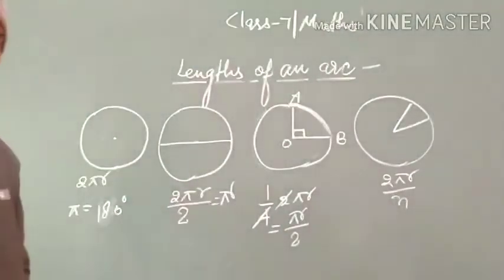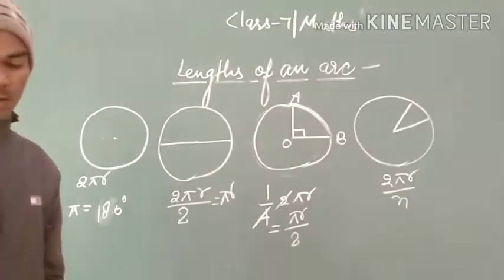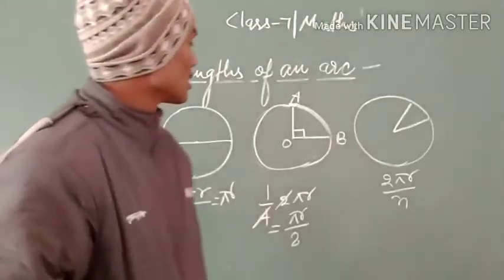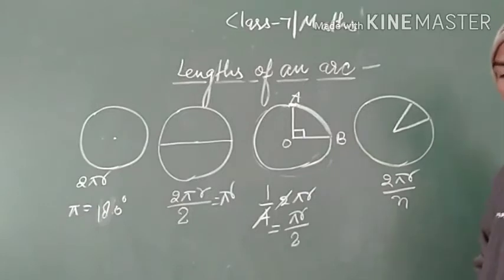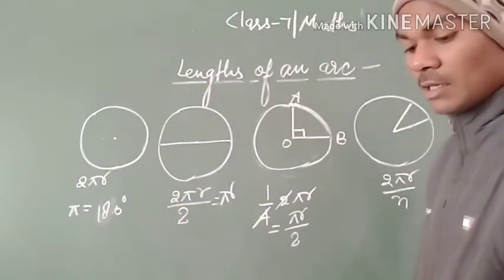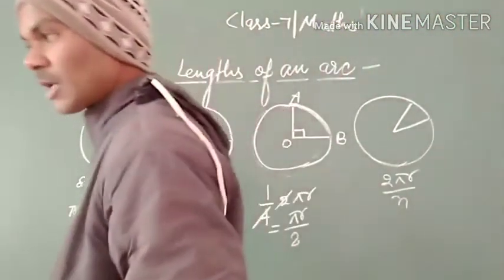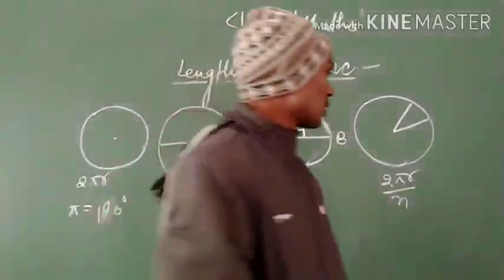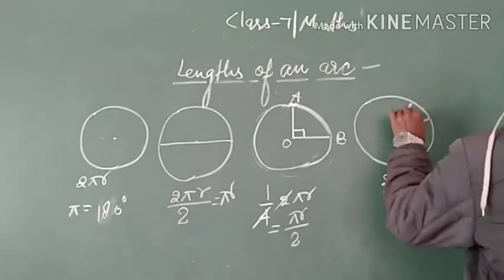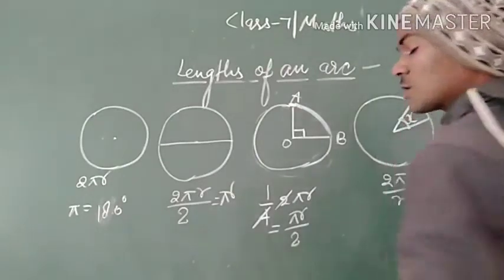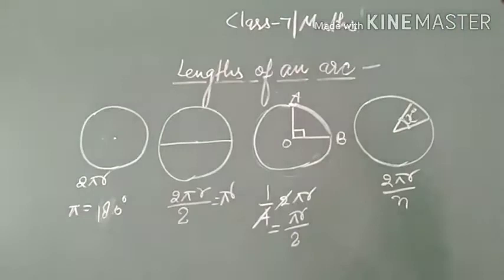Okay, so I hope that it is clear. For the general condition, if we find the length of an arc using the concept of angle, suppose that the measure of the angle is x degrees, where x can be any type of angle.